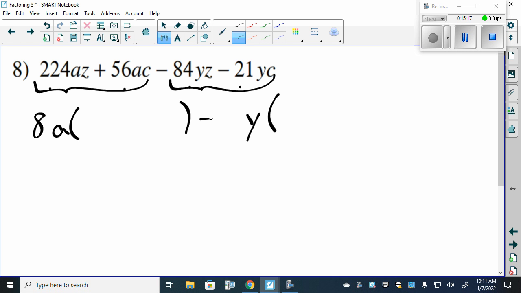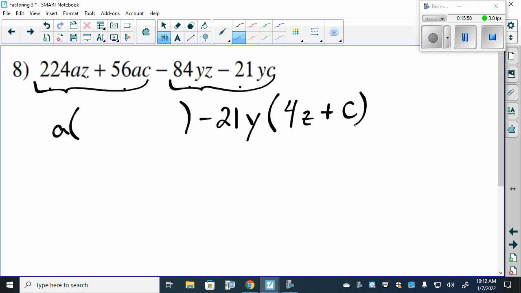So, if we factored out negative 21 from here, negative 84 divided by negative 21 is 4z minus, well, 21 factored out completely, the negative factored out completely, so this is positive, and all we're left with is c, yes? So let's come back over to the other one here.